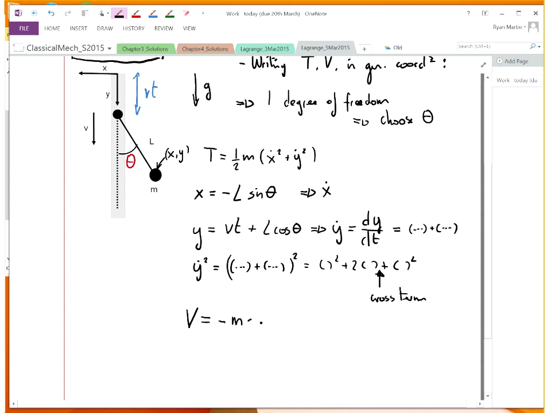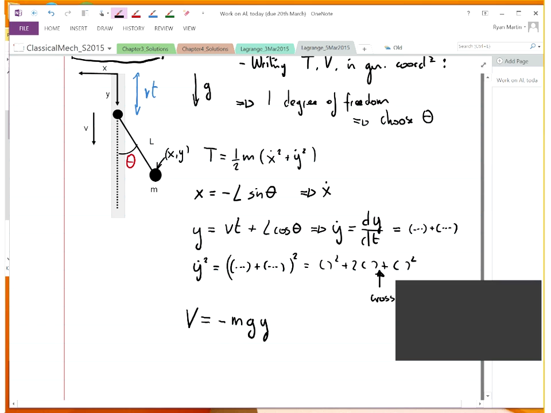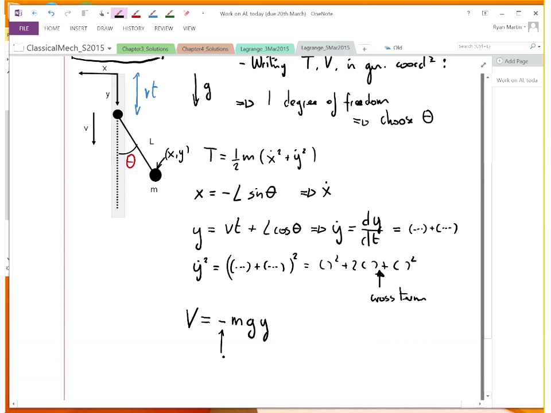So the potential energy of the mass is minus mgy. Why is it minus? Because I did something devious and I put the y-axis going positive downwards. In that case, the potential energy is minus mgy. If y was going upwards, then it would be plus mgy.